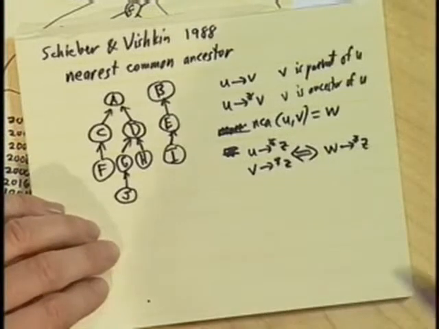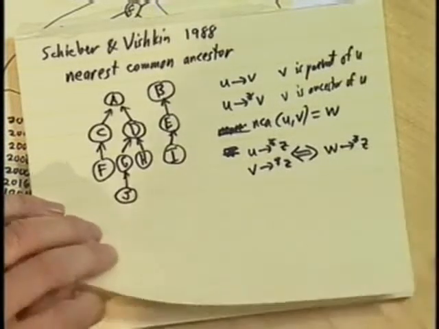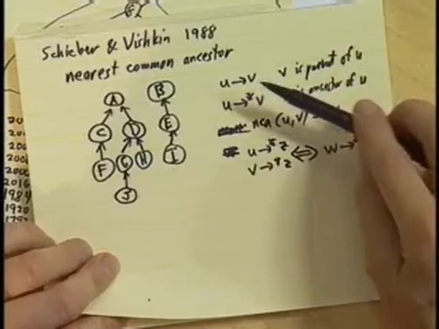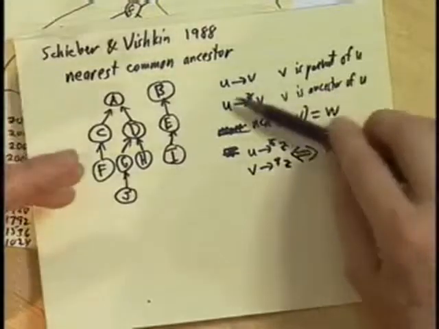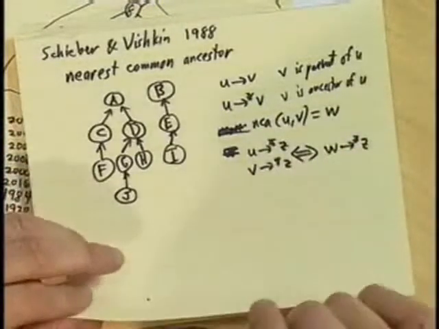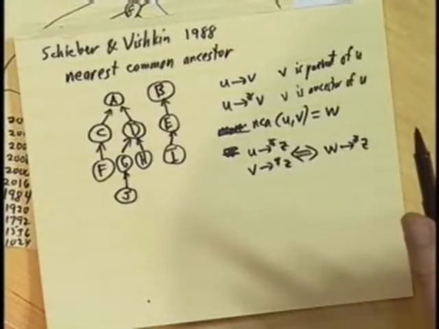It just does a few calculations, zip, zip, zip, and it says here was your nearest common ancestor. And it does this by looking at the integers that are representing U and V, and some pre-processing has gone on.